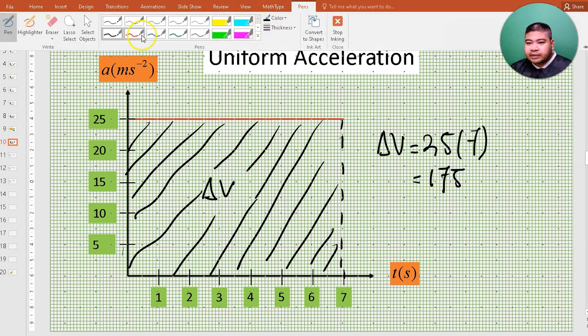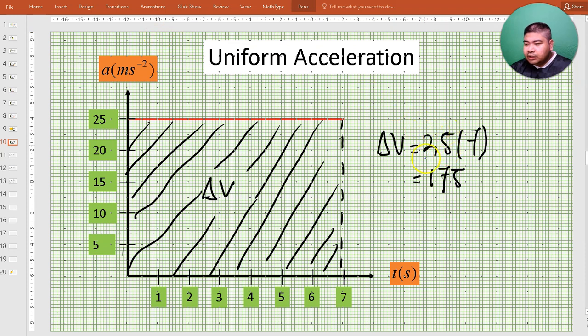What about the unit? The unit for A, 25 here, is meter second negative 2, and the unit for the 7 here is second, the unit for time. So the unit for delta V is ms negative 1. Delta V is the change of the velocity.